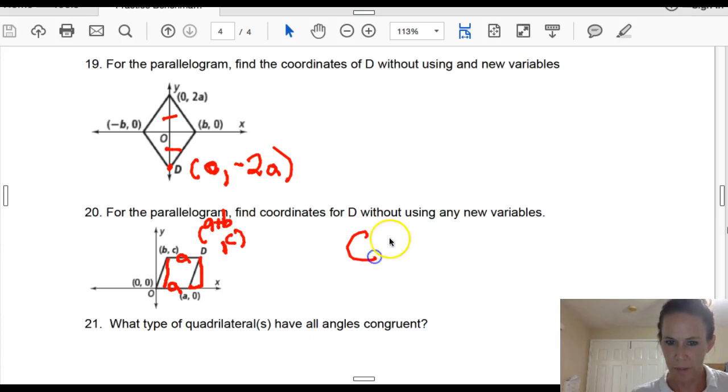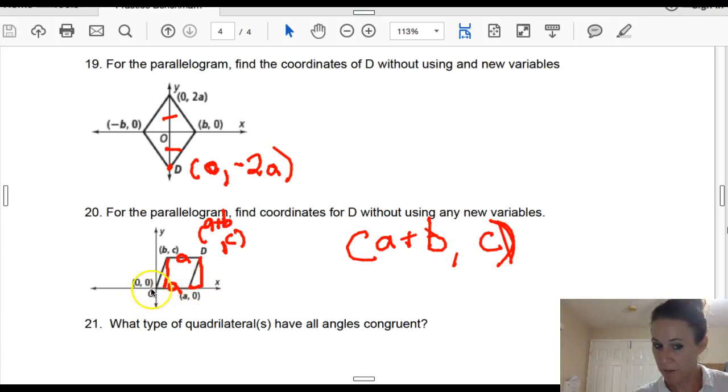Let me write it better. a plus b will be my x coordinate, comma, and then my height will be c. So I go over this b part plus the a part. That's how far I go over on the x-axis, and I go up c.